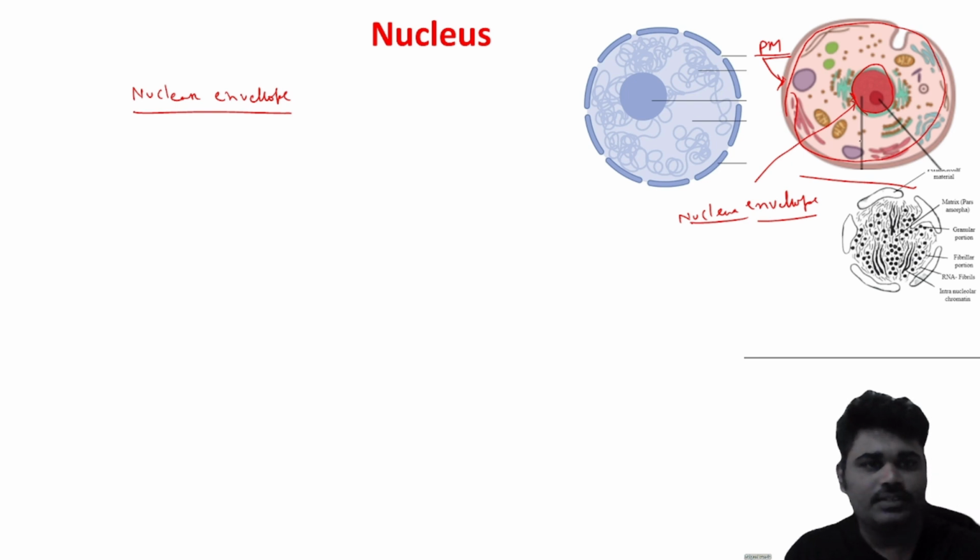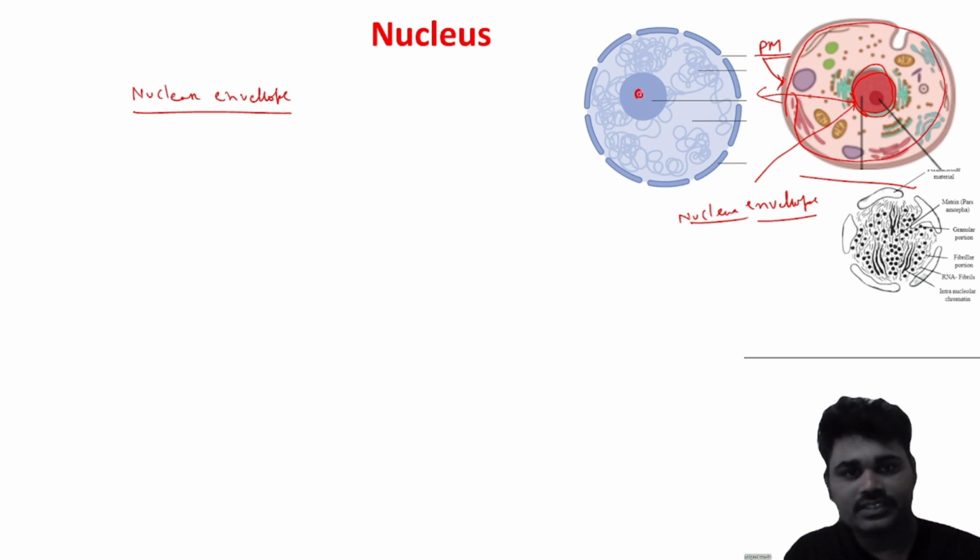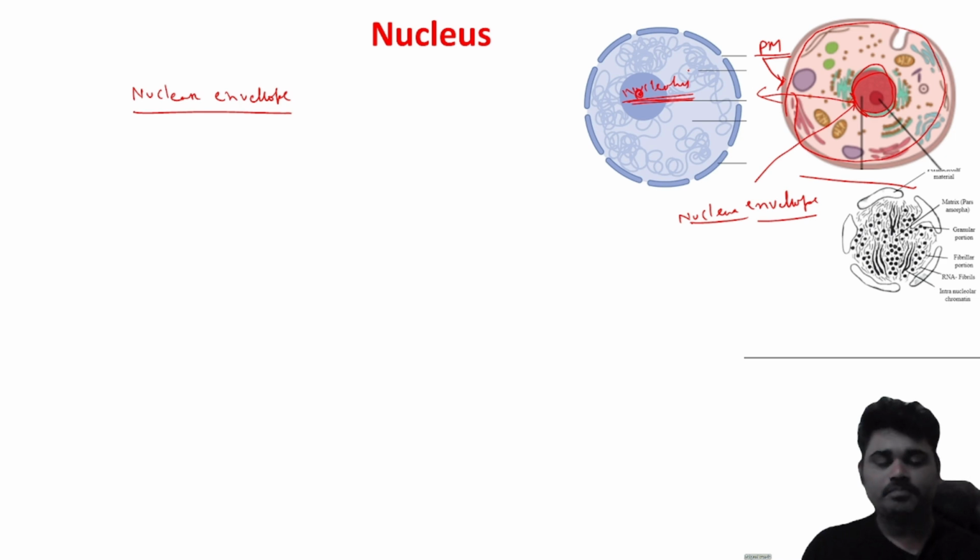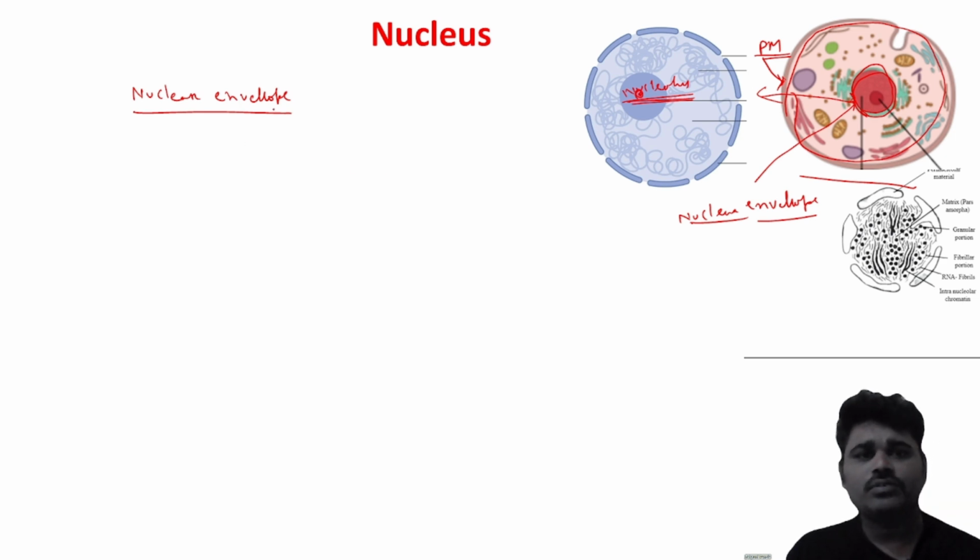Look at the structure. If I zoom in on the structure of the nucleus, it looks like this. This is the nucleus, and inside it a structure is present, and this is called the nucleolus. We will study about that after some time. So first come to the nuclear envelope. This nuclear envelope is a double membrane.